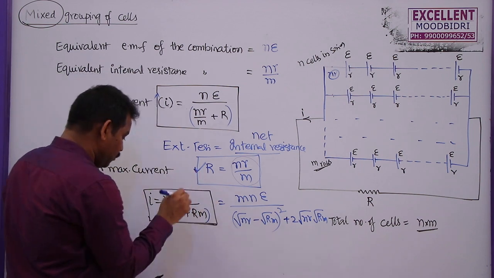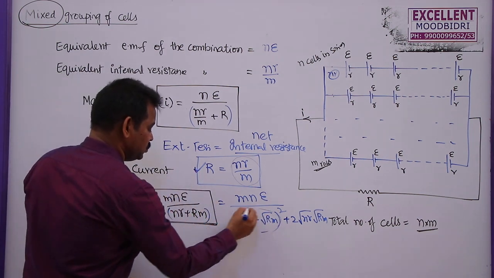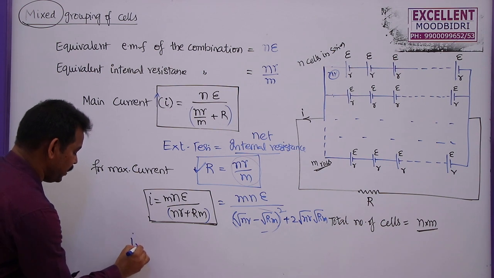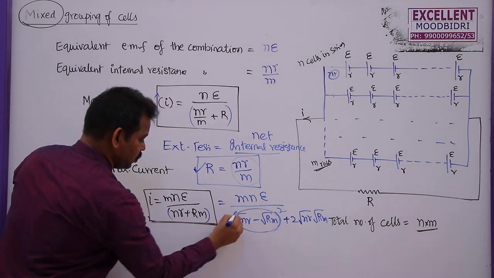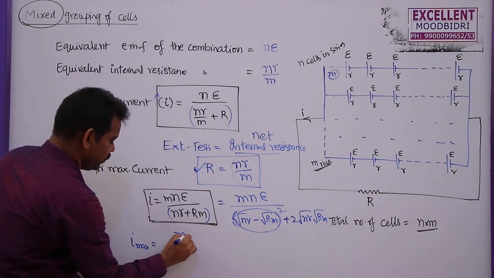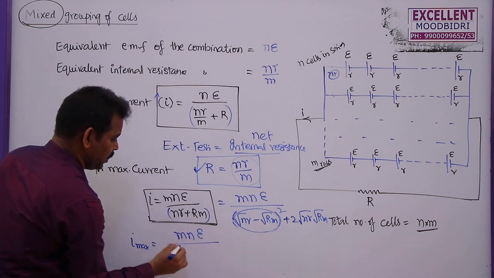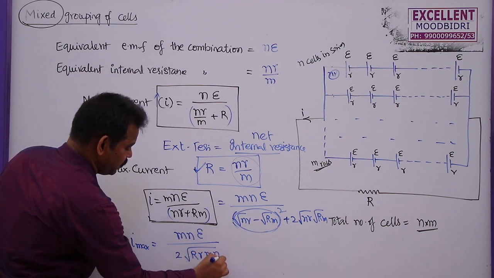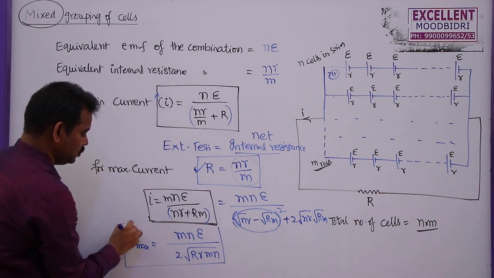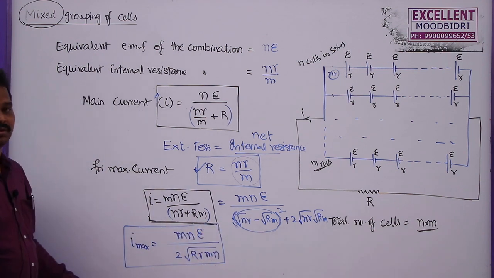Now the minimum value of this one will be 0. So what is the maximum current that is passing through this circuit? If it is 0, then the current will become MNE by 2 root R into small r M into N. So this is the maximum current that is passing through this circuit.